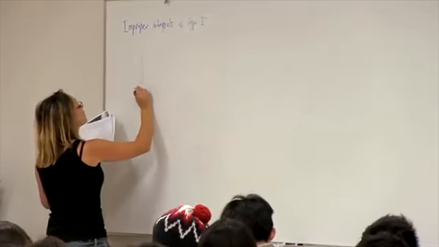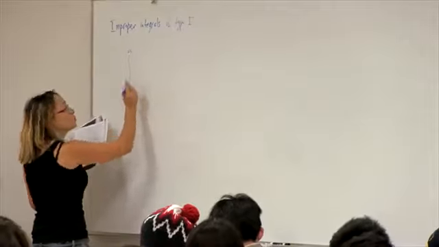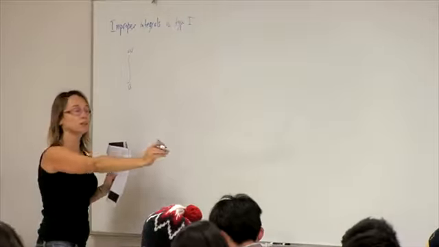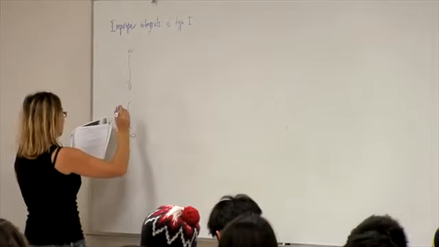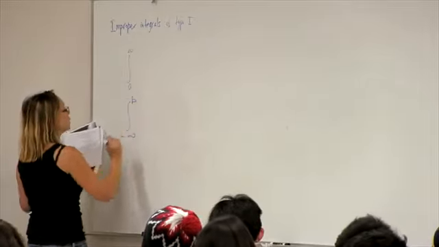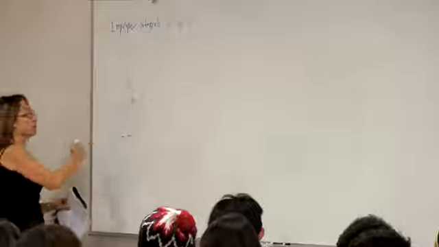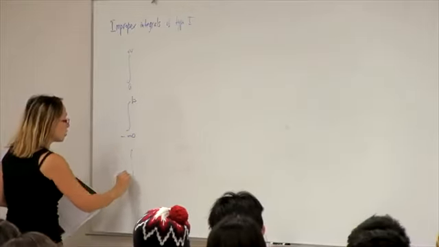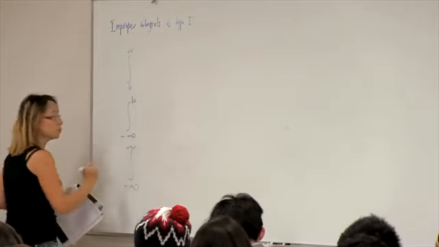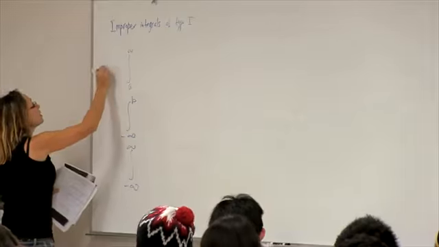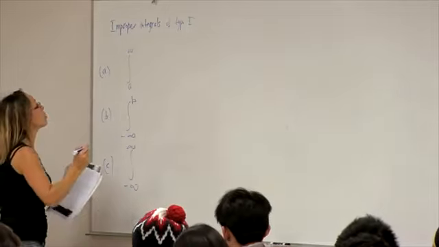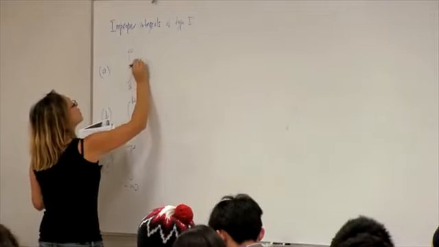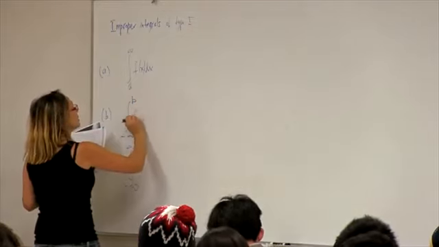An integral from a number to infinity, so we go infinitely far to the right, or we can go from minus infinity to a number, so we go left infinitely far, or we can go from minus infinity to infinity. These are three basic types of this type of improper integrals. Okay, f of x dx.